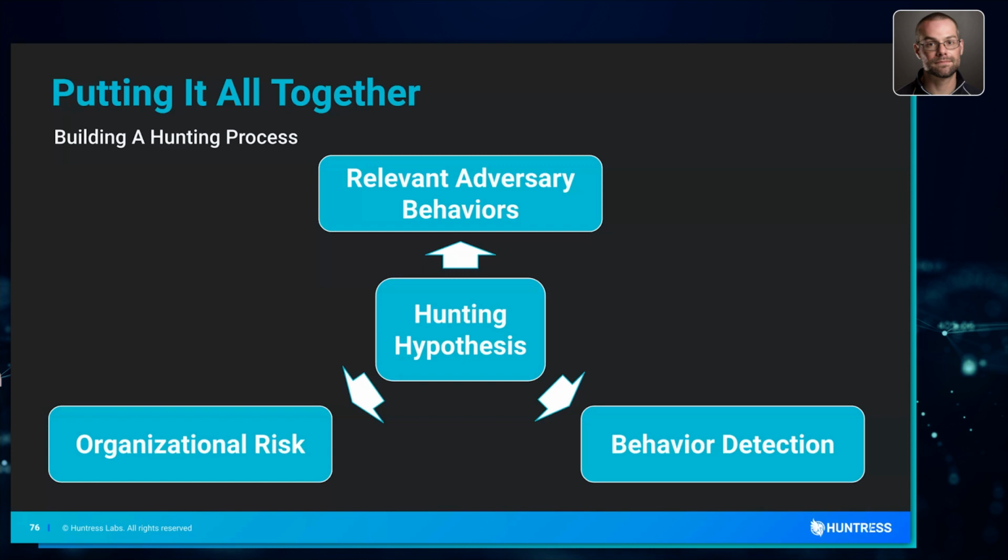Putting all of that together allows us to come up with hunting hypotheses that are effective and match the criteria that we put forth previously in being specific, testable, measurable, and actionable within the environments we are supporting.